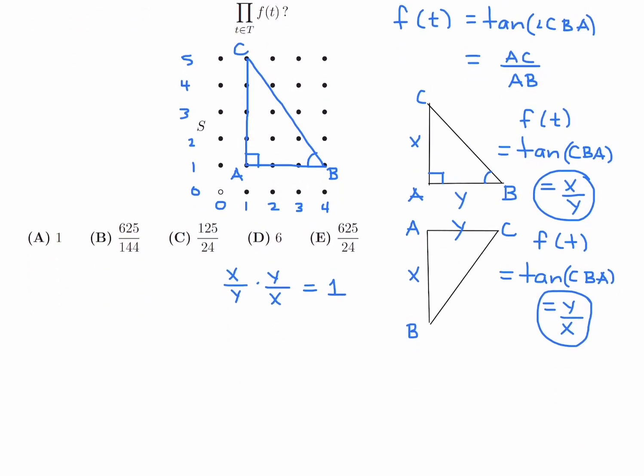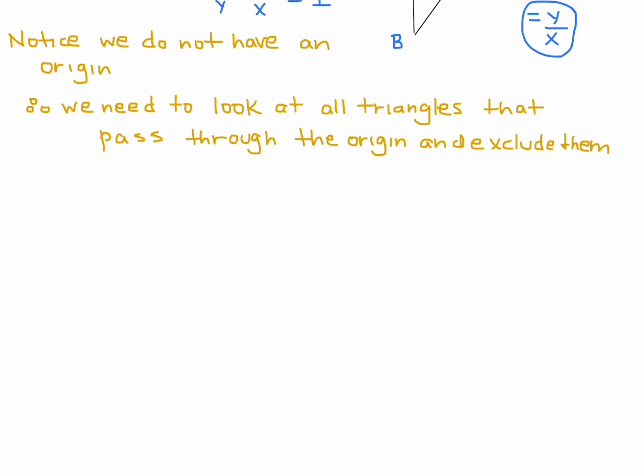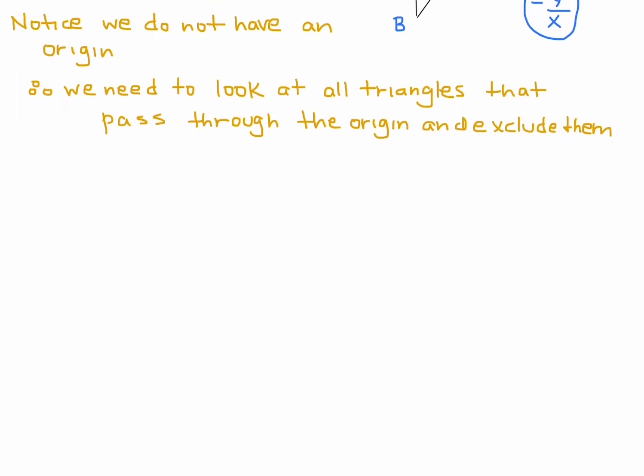So let me write all that out. So to recap, notice we do not have an origin. Therefore, we need to look at all the triangles that pass through the origin and exclude them. And when you do, then we will be able to figure out what they want. And what they want, I'll write it in layman's terms instead of making it messy and complicated.